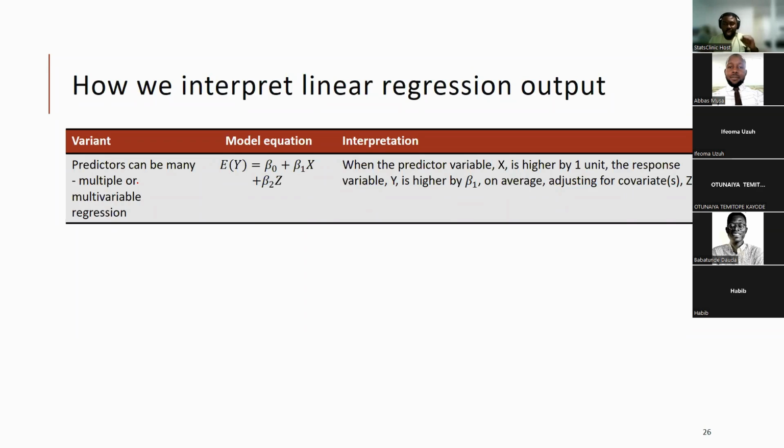Let's take an example where beta 1 refers to gender, male and female, and beta 2 refers to seniority, senior resident versus junior resident, and we want to look at working hours. The beta 0 refers to the average working hours of the individual when beta 1x is 0 and beta 2z is 0. We're essentially setting everything else to 0.